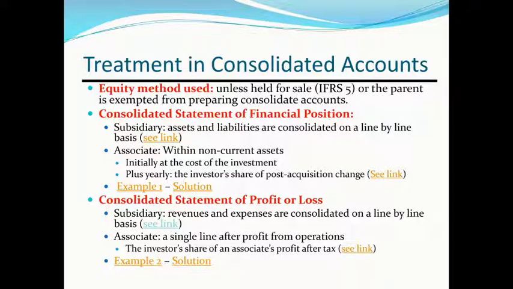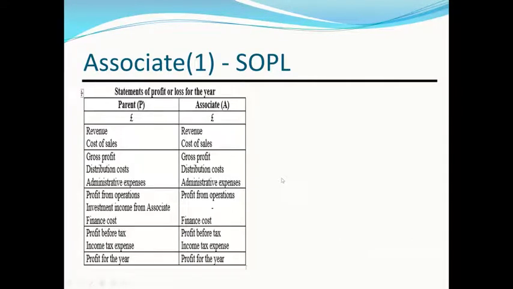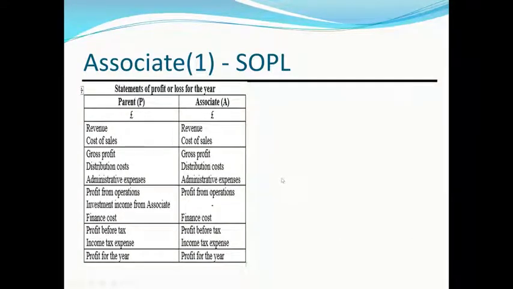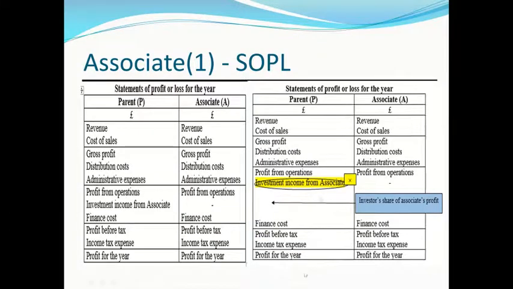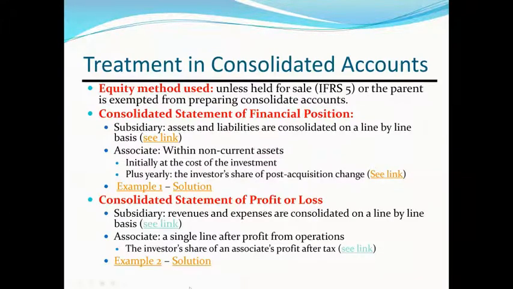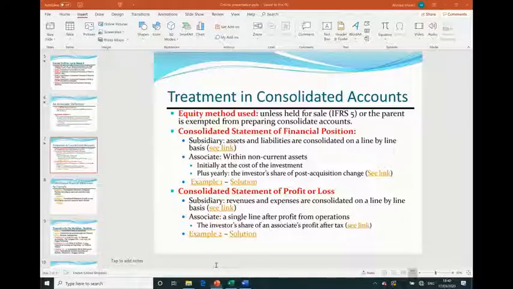We only include the investor share of the associate profit after the tax. So this is mainly a summary here. If we have the parent and the associate, what we need to do is if there is investment income received from the associate, this investment income needs to be excluded, and then will be replaced by the investor share of the associate profit. Okay, so we are now ready for the example.